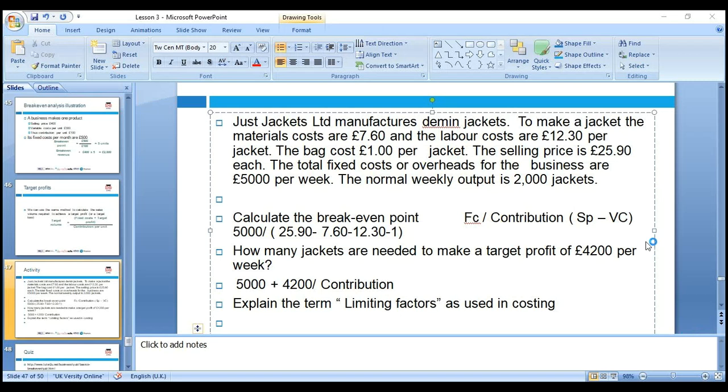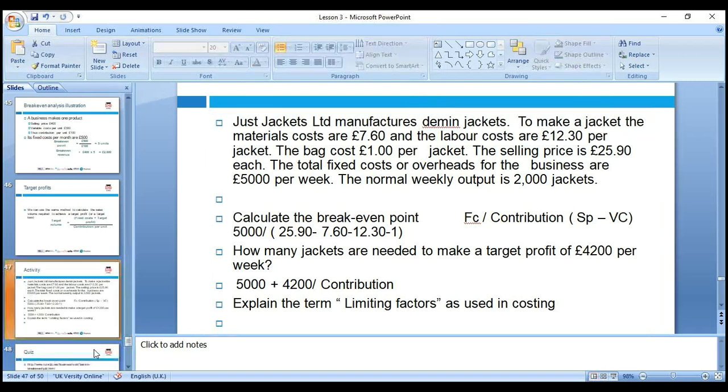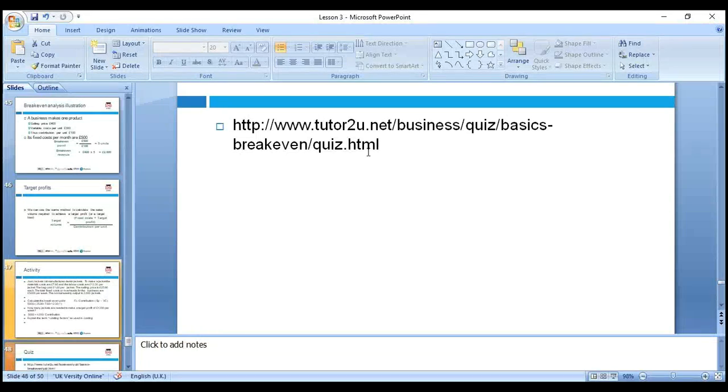Yes. And that will be the limiting factor, because every business has some limits. A limit can be in terms of labor hours or machine hours. These are called limiting factors, which we'll go through in more detail in the next lesson.